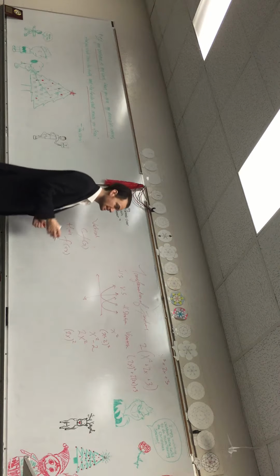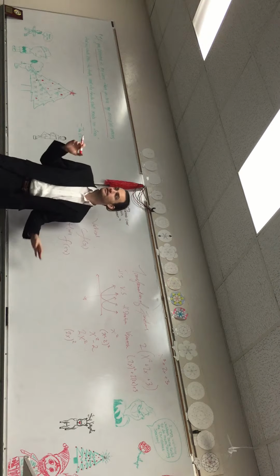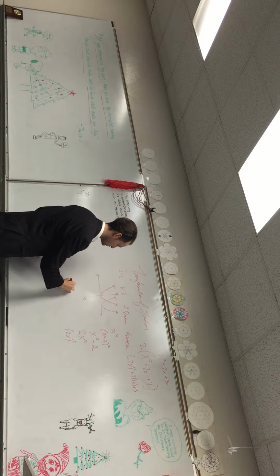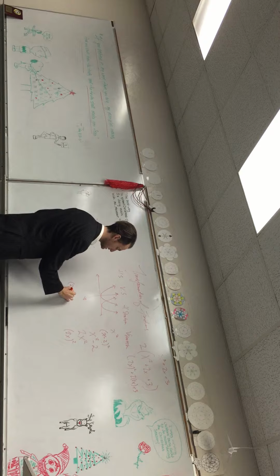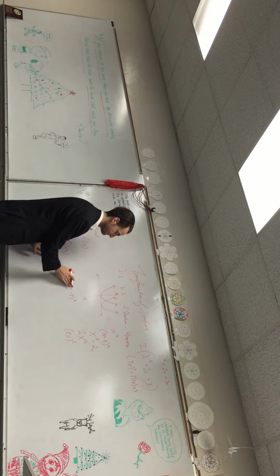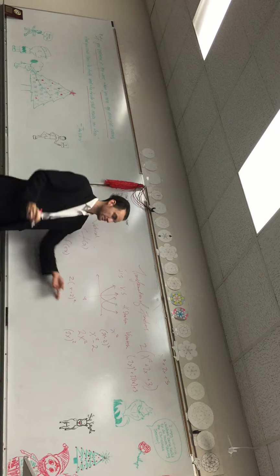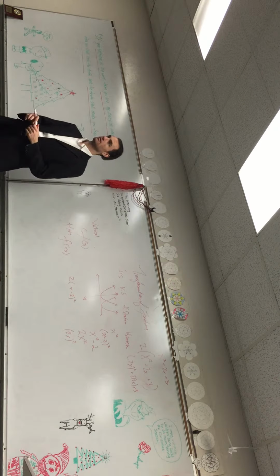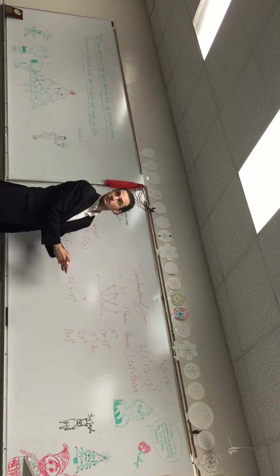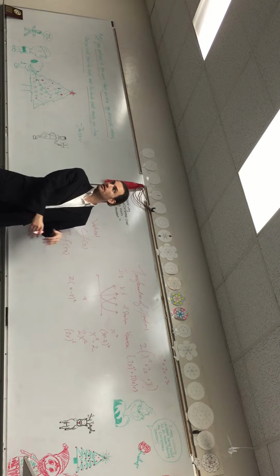The only thing that you could run into is if, for instance, I give you 2x minus 2 squared, or if I give you 2 times x minus 2 squared, let's say. So that would be a horizontal shift and a vertical stretch, right?